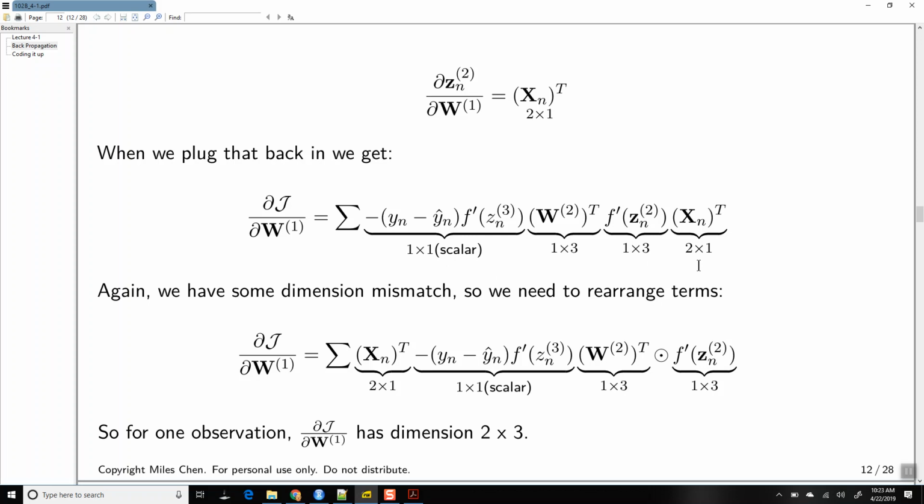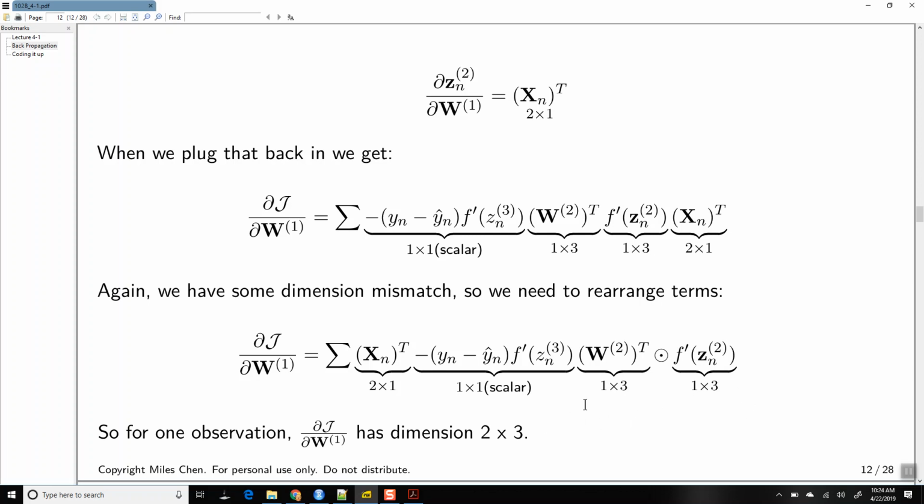current form, and the dimensions don't line up. We're still talking about just one observation, x of n, and in order to get this to work, I rearrange some terms and I move this up here and I do element-wise multiplication between W2 transpose and F prime of Zn, okay?